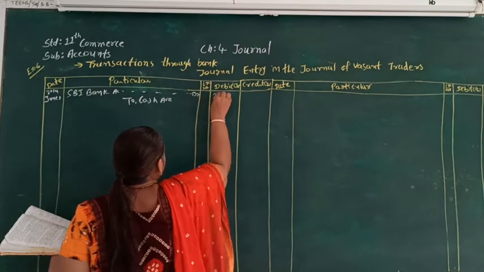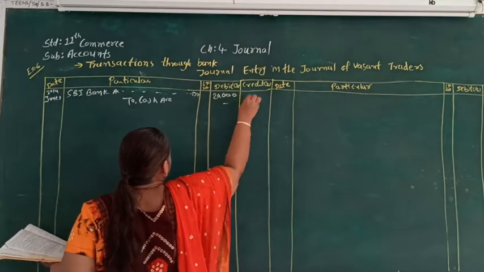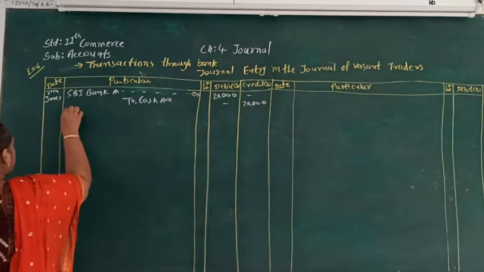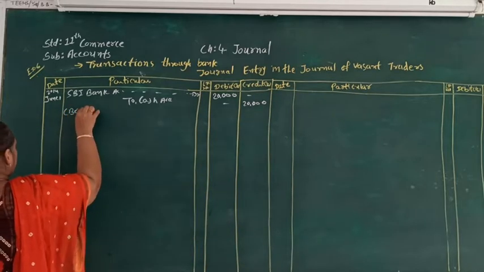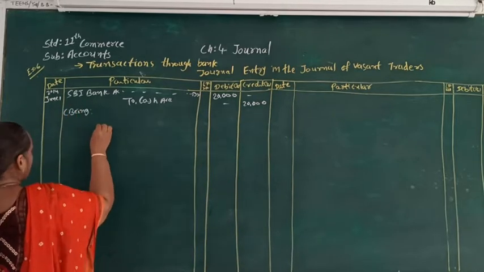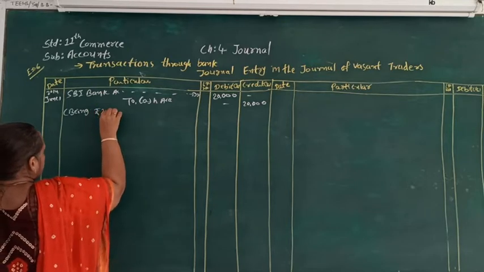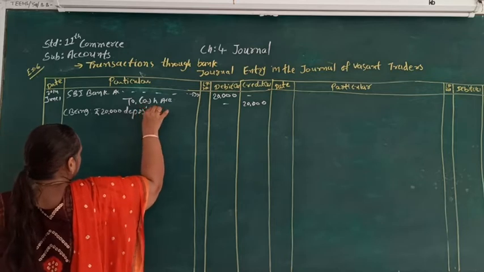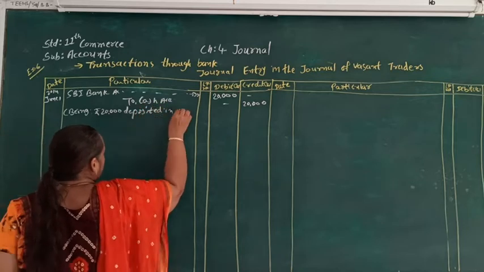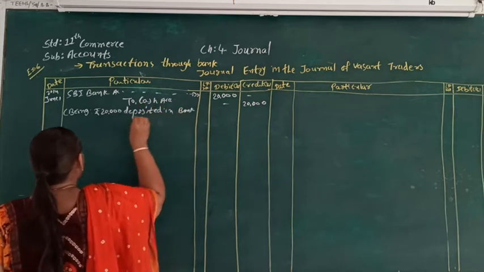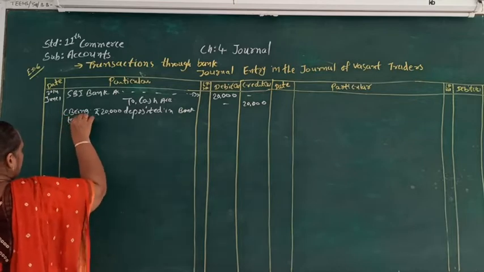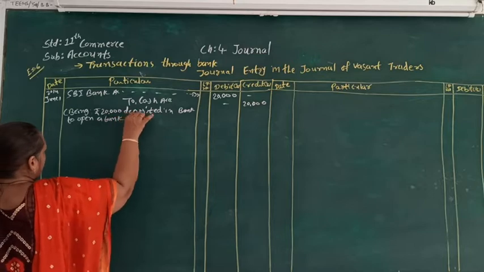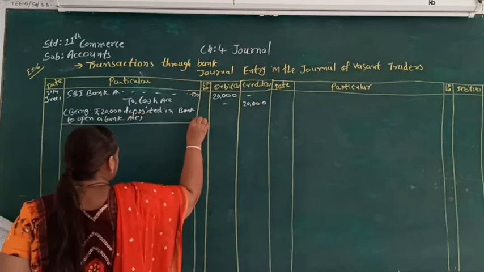The amount will be 20,000. Being rupees 20,000 deposited in bank to open a bank account.